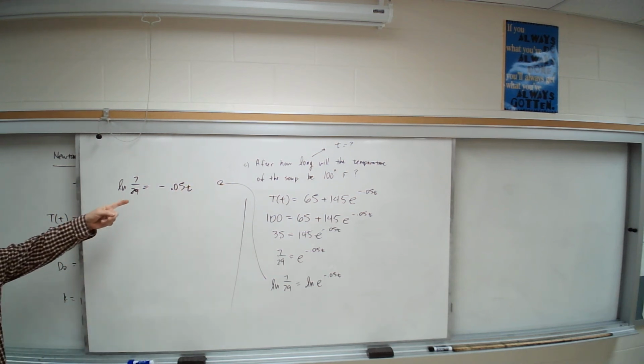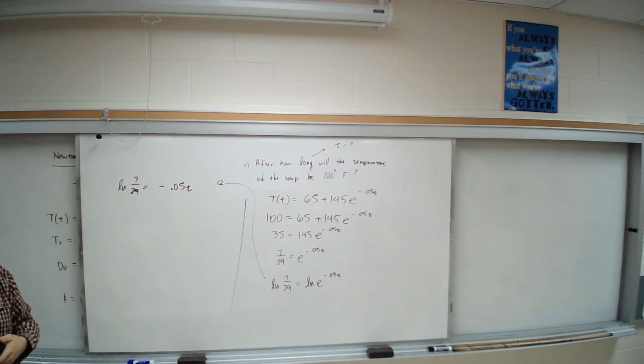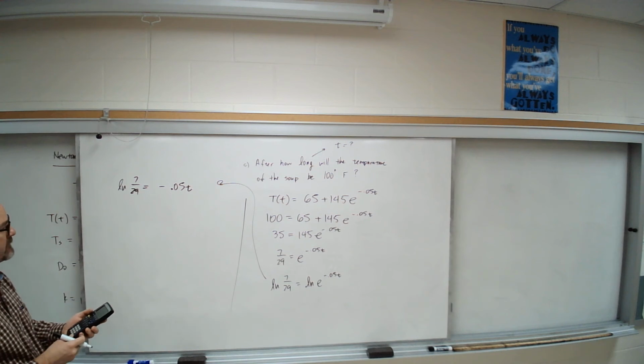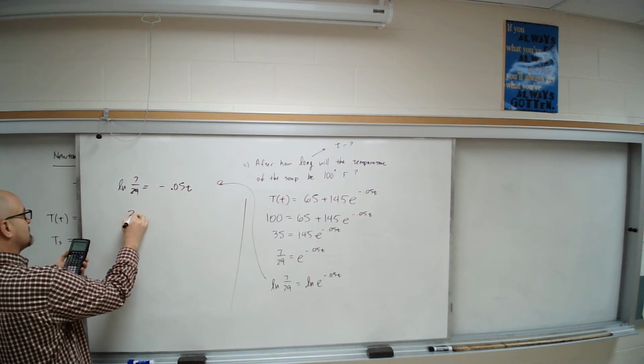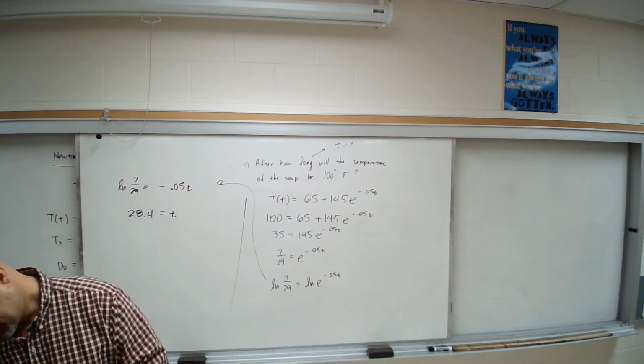So now we're good to go. We're going to type this value in our calculator and then divide it by negative 0.05. So natural log of 7 divided by 29, divided by negative 0.05. And that gives us 28.4 equals t.